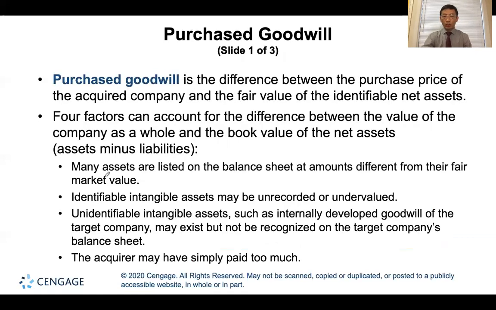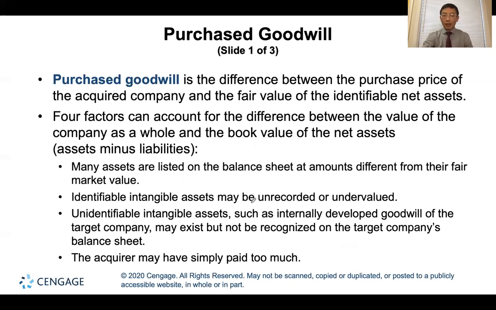But if we purchase from external, we need to identify and capitalize this cost. So four factors can account for the difference between the value of the company as a whole and the book value of the net assets. Because of the requirement of GAAP, some intangible assets will be very undervalued.